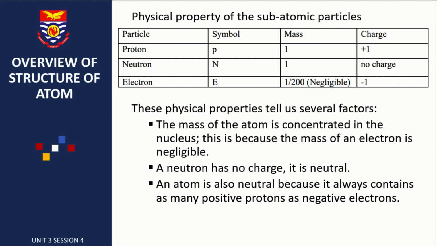An atom is also neutral because it always contains as many positive protons as negative electrons. Meaning, because we have most of the mass of an atom embedded in the nucleus, the charge tends to be neutral, which is being considered by the nucleus than the electron.